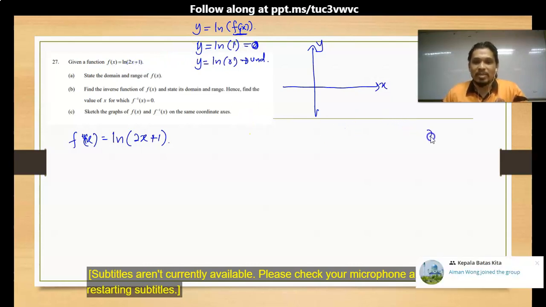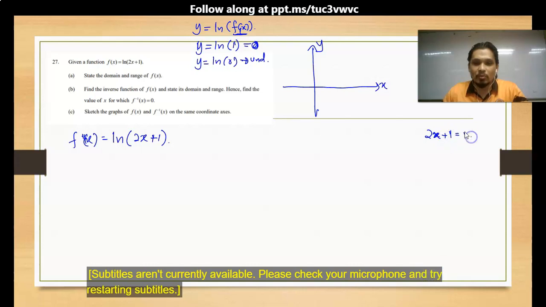Let's make this 2x plus 1 equal to 1. Then 2x equal to 1 minus 1, equal to 0. Then x equal to 0.